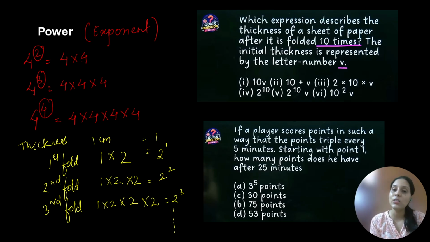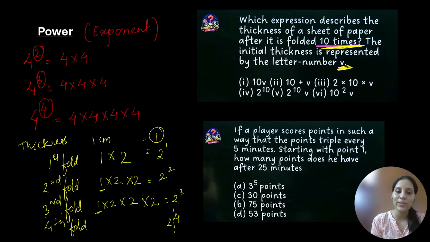So now let us see this question. Which expression describes the thickness of a sheet of paper after it is folded 10 times? Third fold 2 power 3, fourth fold will be 2 power 4, isn't it? So the initial thickness is represented by T and it is folded 10 times. So how do we write? Everywhere you have the initial thickness, we assumed it to be 1.